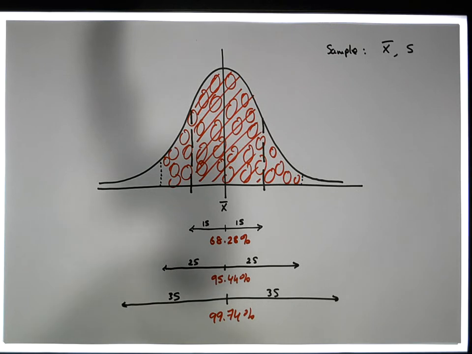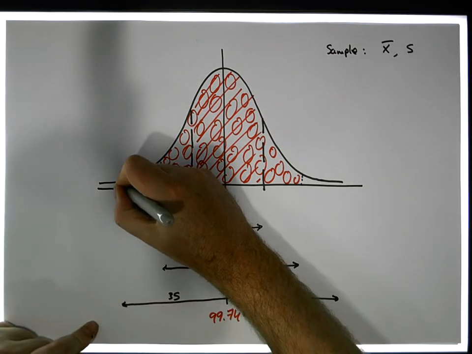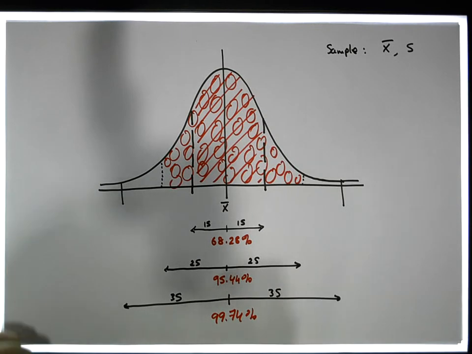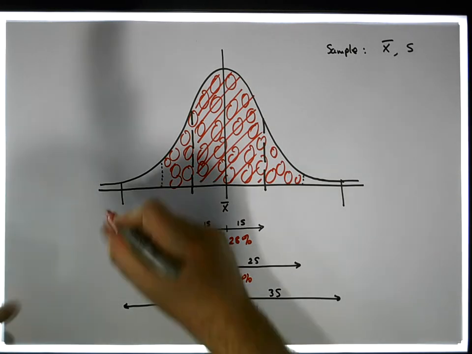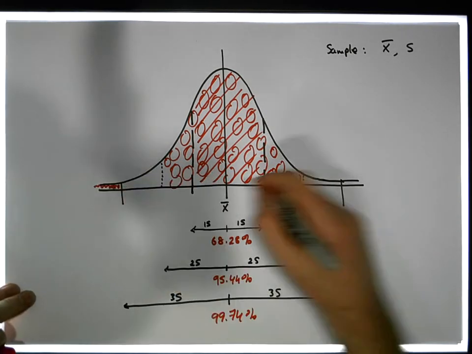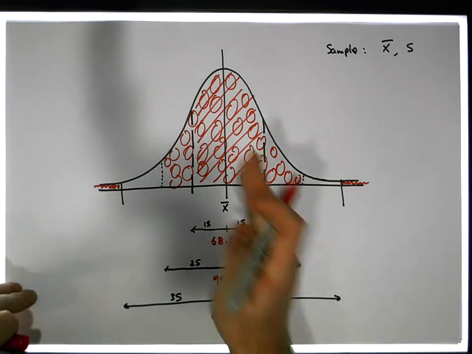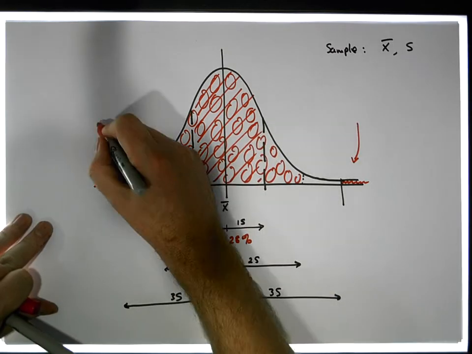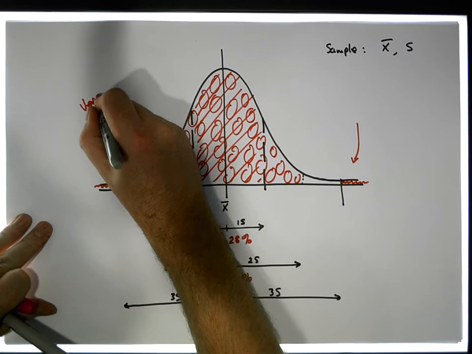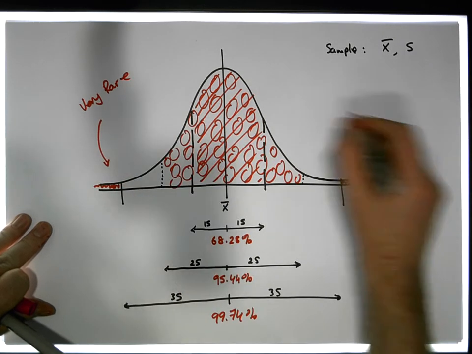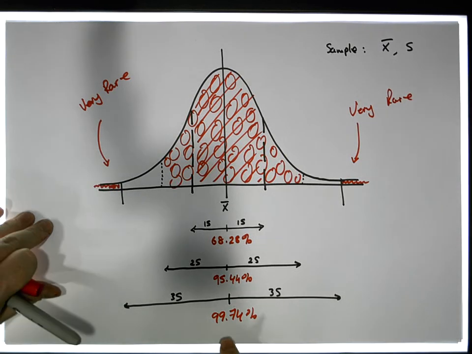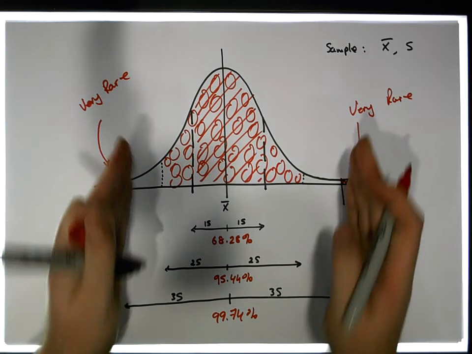If I go back up to the curve here, that's 3 standard deviations. Observations that are more than 3 standard deviations away from the mean, either above it or below it, are very rare. We shouldn't really see them that often, because we should have nearly 100% of the observations within 3 standard deviations.